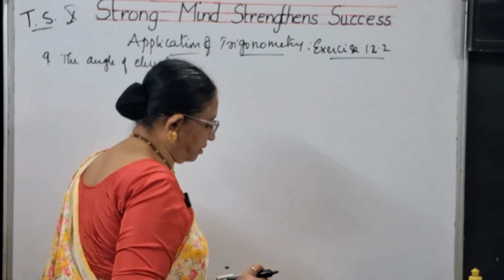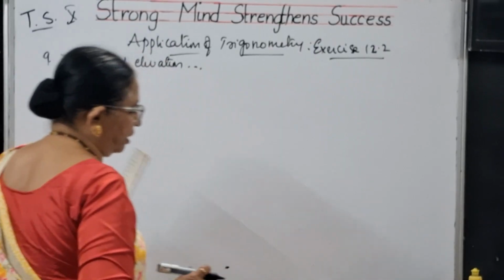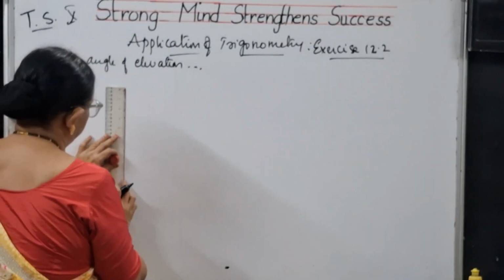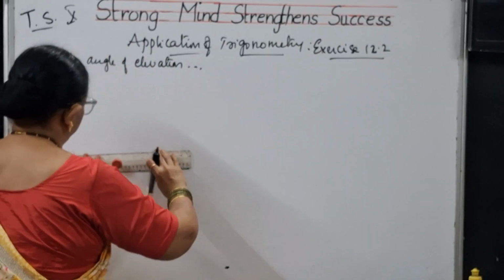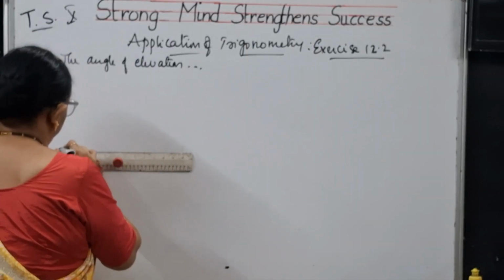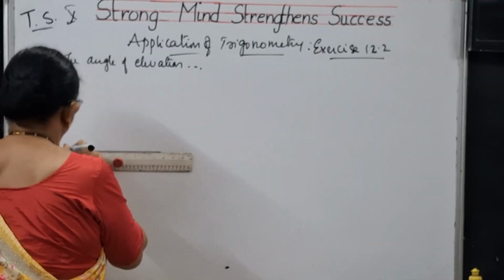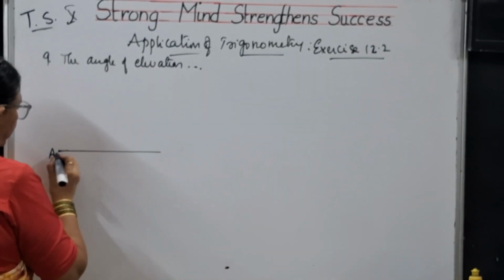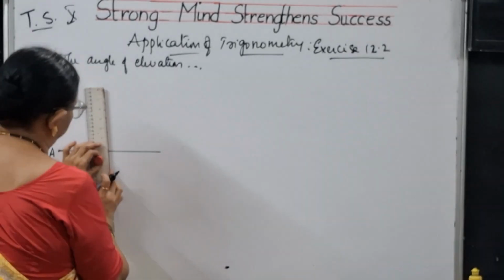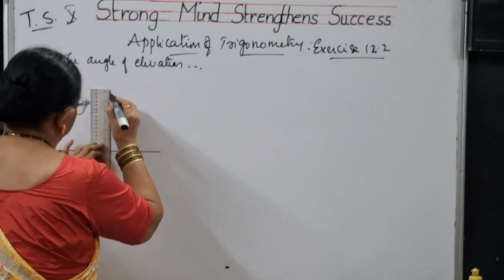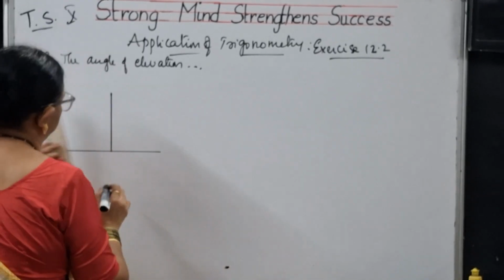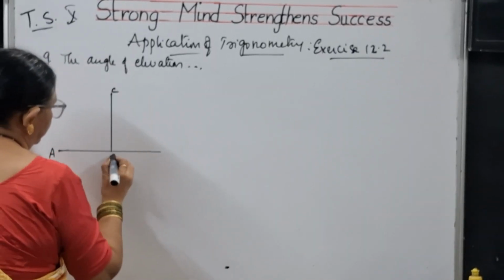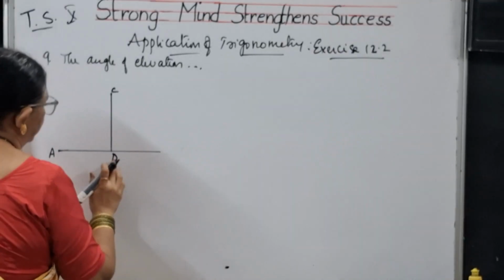The first point is the angle of elevation of a jet plane from a point A. So let me take this as the ground, in which this is point A. A jet plane is flying somewhere here. So CD is the height of the jet plane.